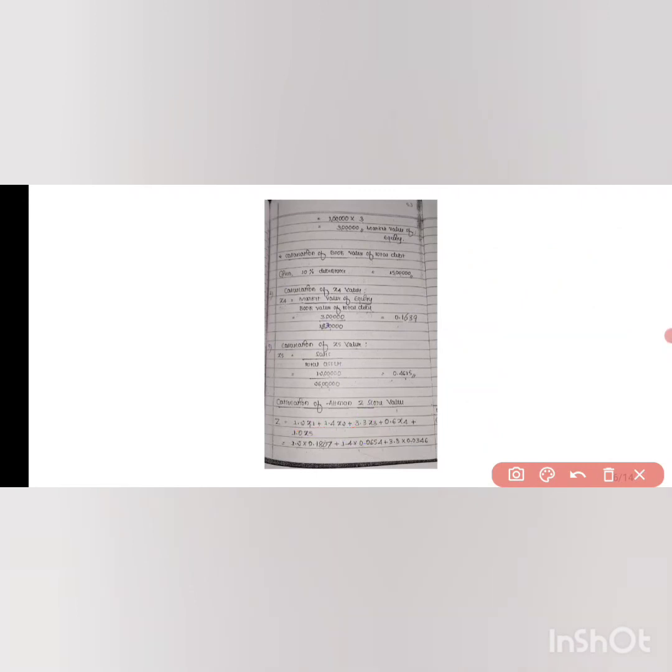So the X3 value is 0.0346, which has been continued on the next page. Then 0.6 into the X4 value, 0.1639, plus 1.0 as it is we keep, which has to be multiplied by the X5 value, 0.4615.